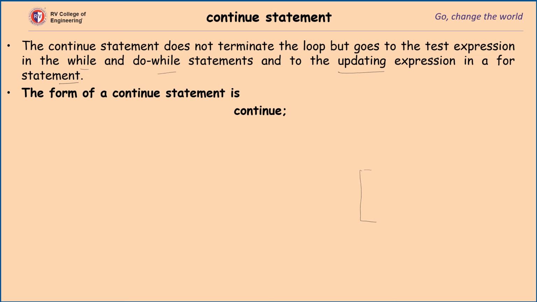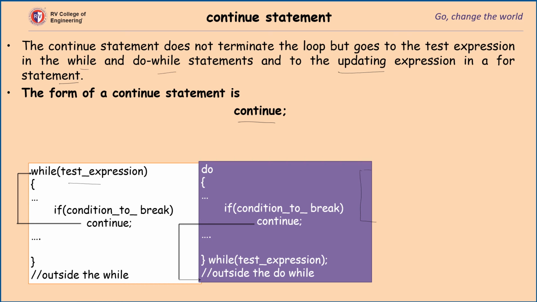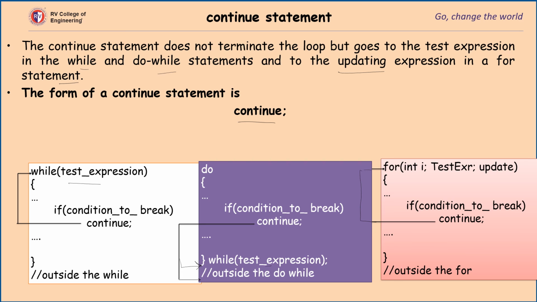The general form of a continue statement is just continue followed by a semicolon. As discussed, if it is included in a while loop, it goes back to the test expression. If included in a do while loop, the control tests the expression again. In case of for, the control goes to the updation statement.